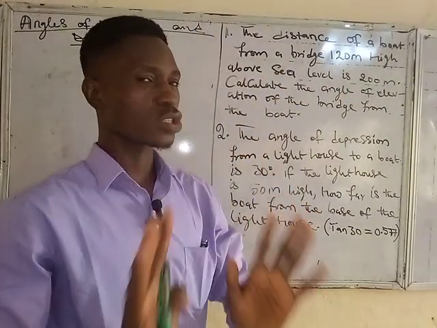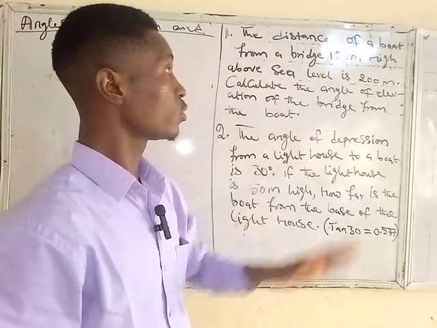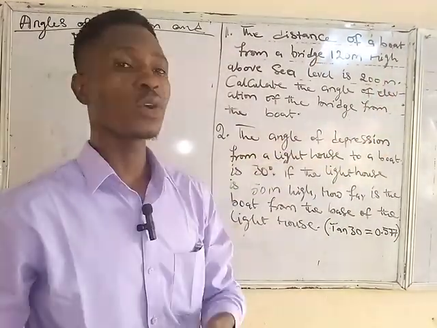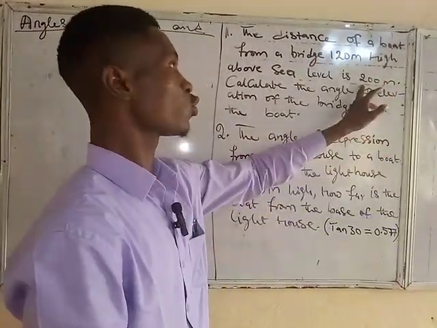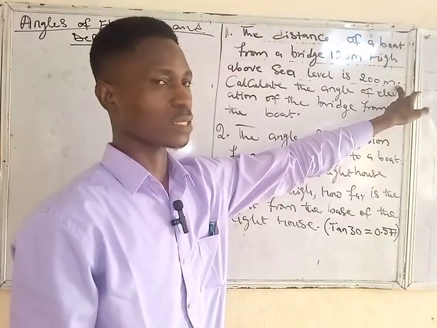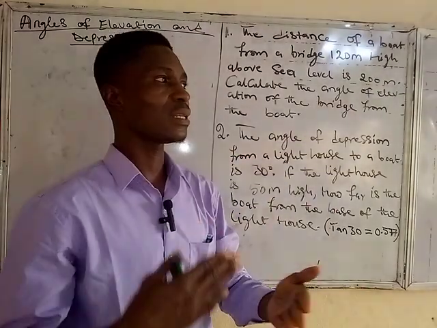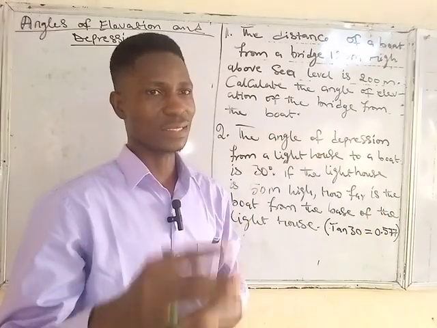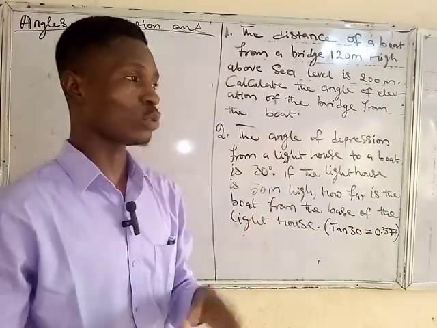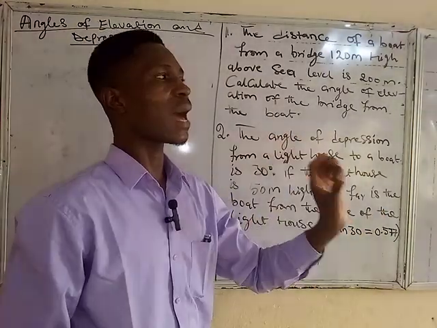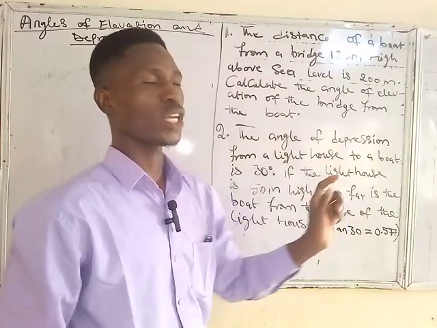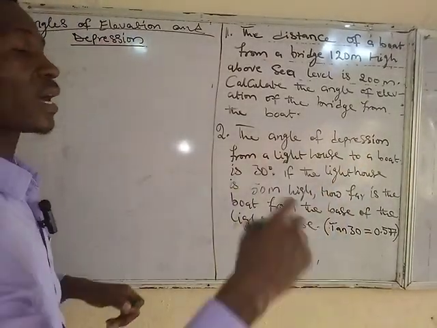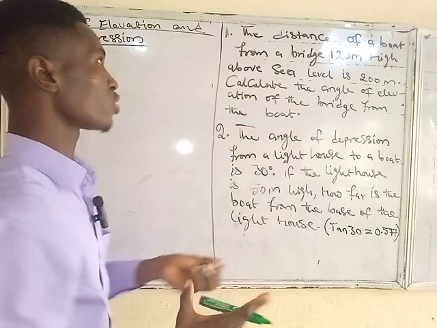We have not discussed the distance yet. So the distance of that boat from the base of the bridge is 200 meters. That's what it means. So whenever you're discussing angles of elevation and depression, the simple thing you need to do first is, whenever you cite the word elevation, it is better you draw a right angle triangle in this form.